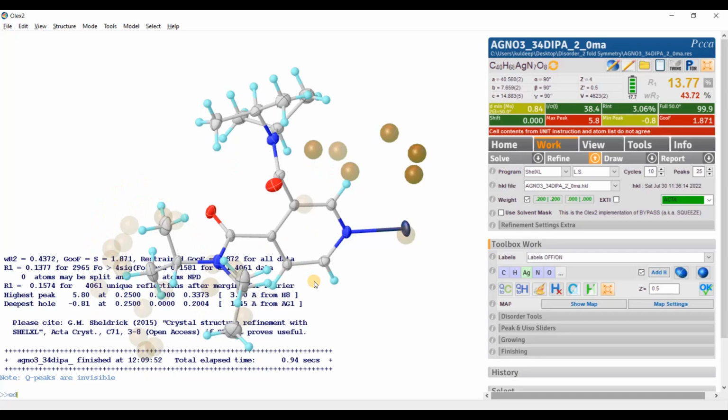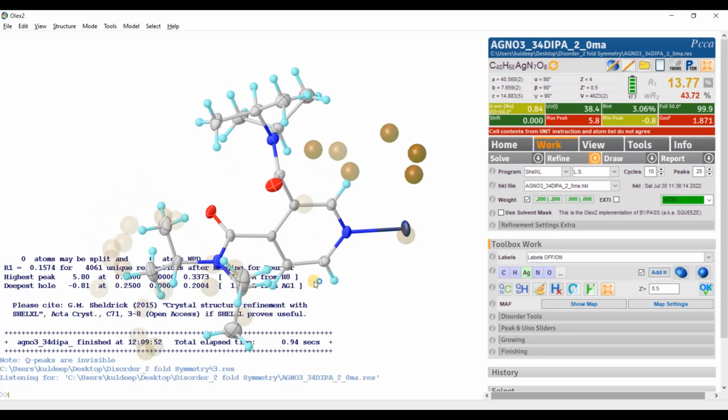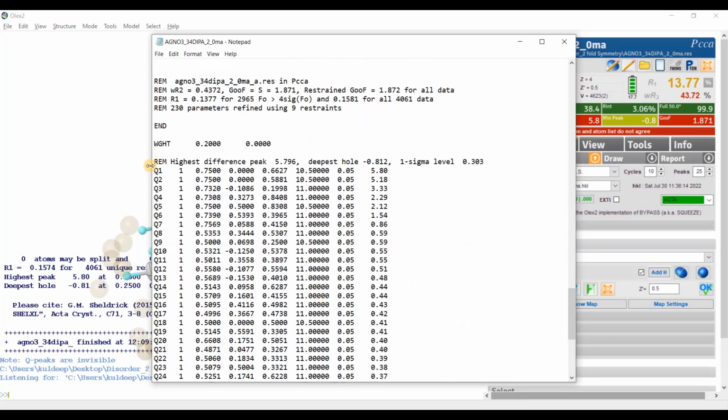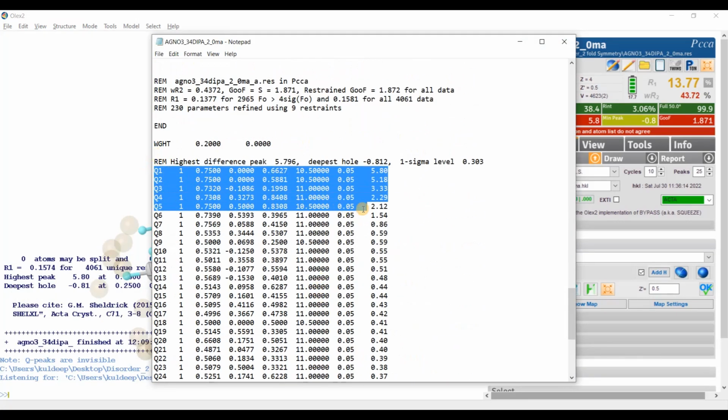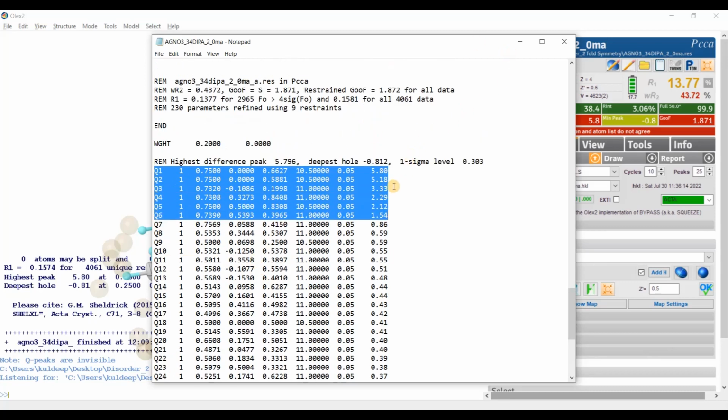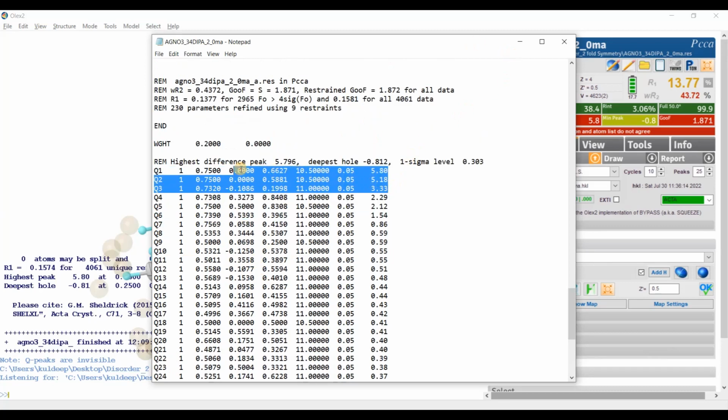If I edit the RES file, I can see there are some peaks from Q1 to Q6 which are quite higher in electron density as compared to the rest of the peaks. And these three peaks are again higher in intensity than the remaining three.